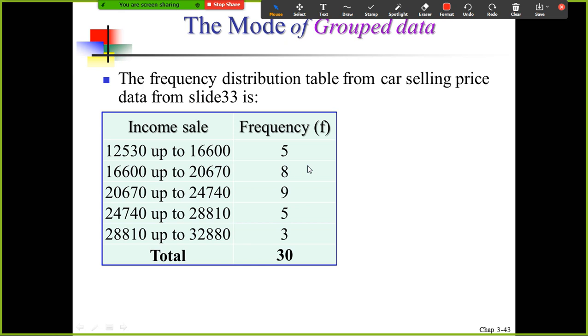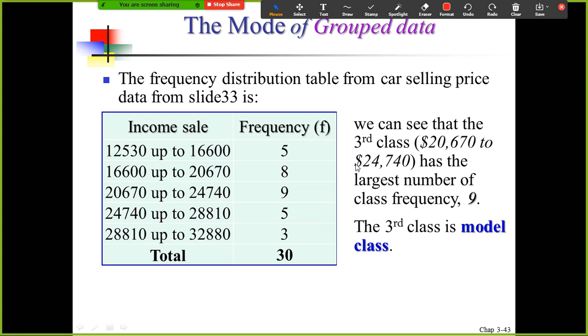Okay, how to find the modal class? In order to find the modal class, we need to see which class has the largest class frequency. Class 1, 5; class 2, 8; class 3, 9; class 4, 5; the last class is only 3.